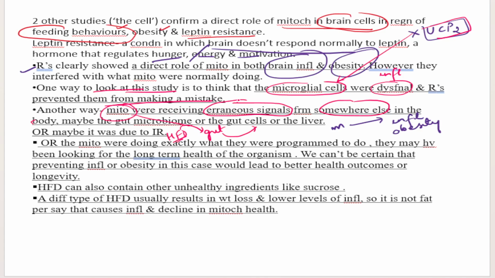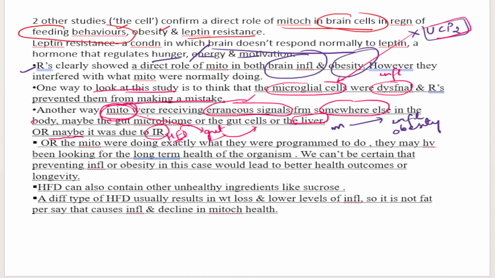So the mitochondria were receiving erroneous signals from somewhere else in the body, that is from the gut microbiome, or from the liver, or maybe it was because of insulin resistance. Maybe it was the insulin resistance that was causing the mitochondria to act in that way, that was causing the brain inflammation.